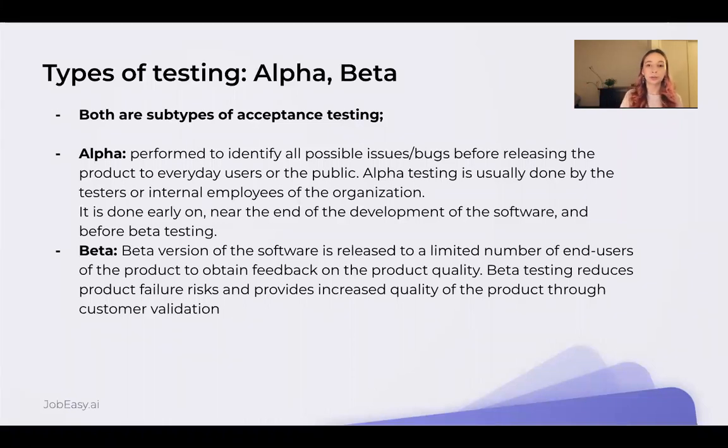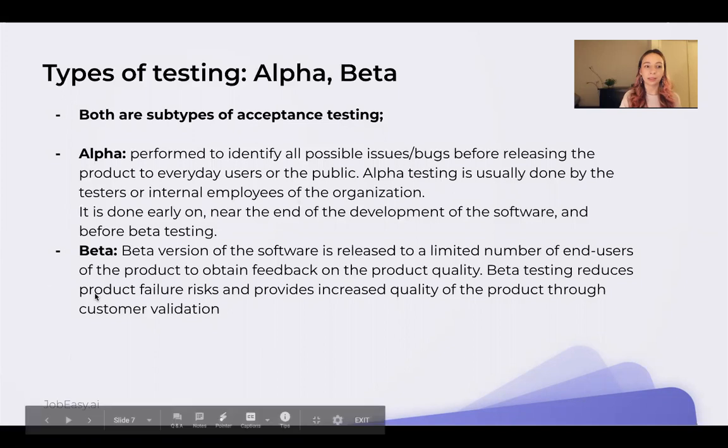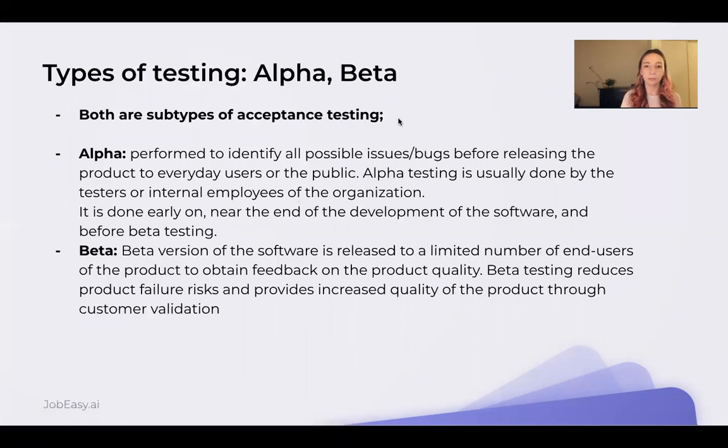So just to reiterate, alpha testing and beta testing are both types of acceptance testing. They are not necessarily done by QA engineers. QA engineers usually are part of alpha and beta testing groups, but there are a lot of people besides just QA engineers here. And these stages are not required.